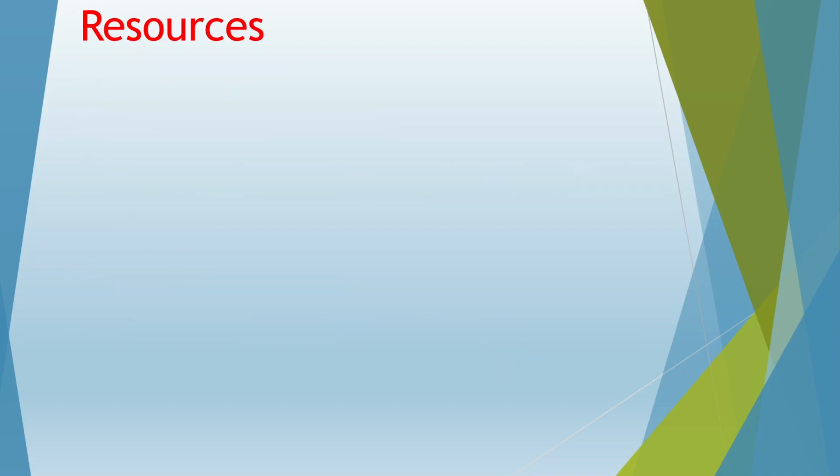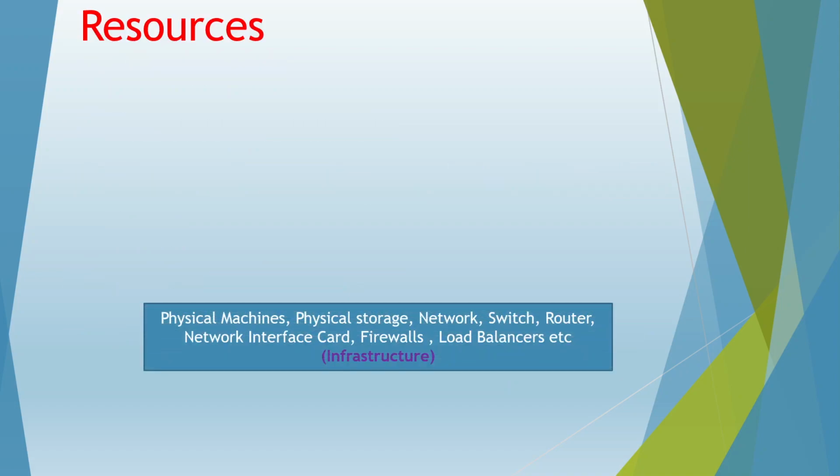But what happens for any IT system to be built? The organization has to buy physical machines, storage, network, switches, routers, network interface cards, and firewalls. These are all required, and these act as an infrastructure before we build applications or a platform on it.